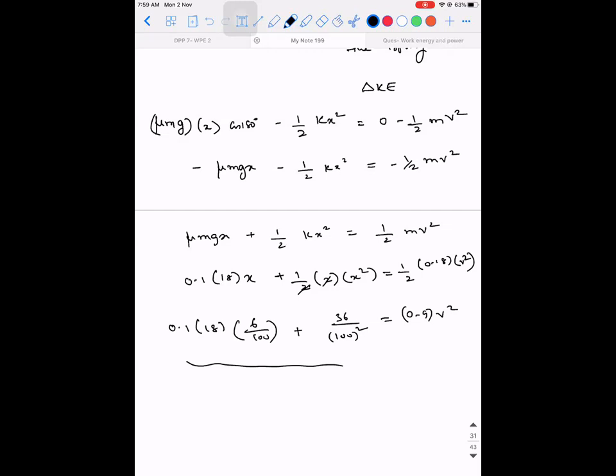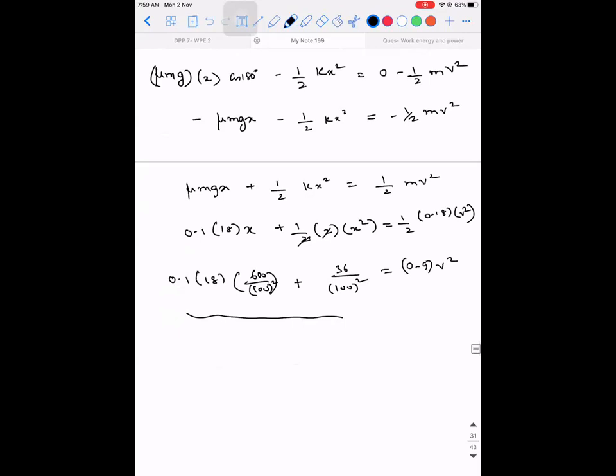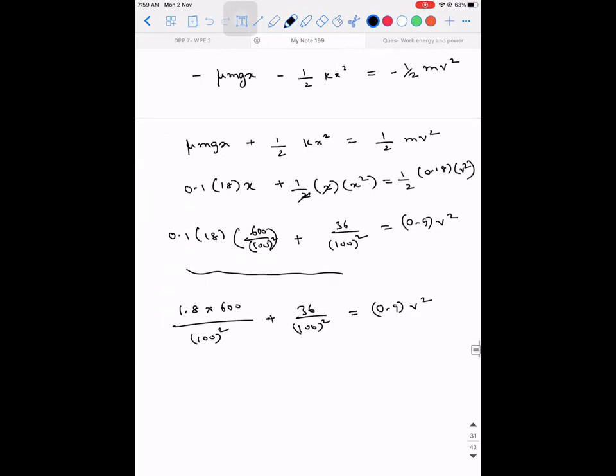So what you can do is, you can make this as 600 square. So 0.18 into 1 is 1.8. 1.8 into 600 divided by 100 square plus 36 divided by 100 square is equal to 0.9 into v square.